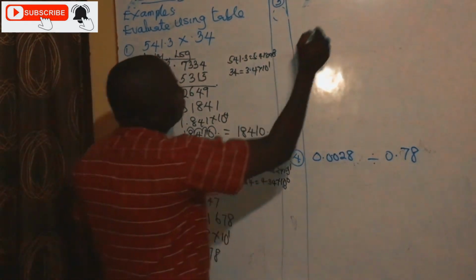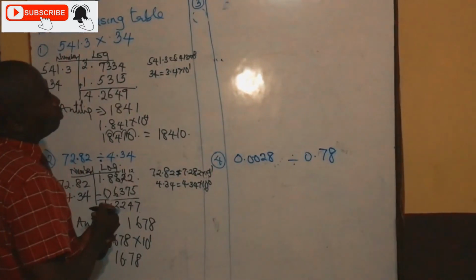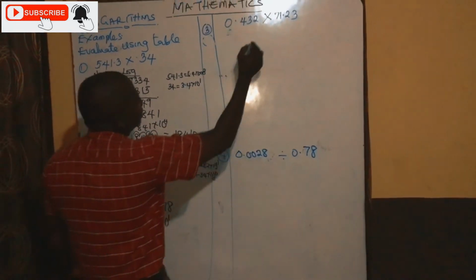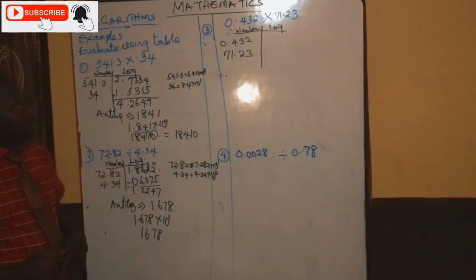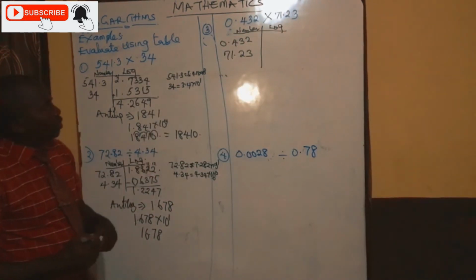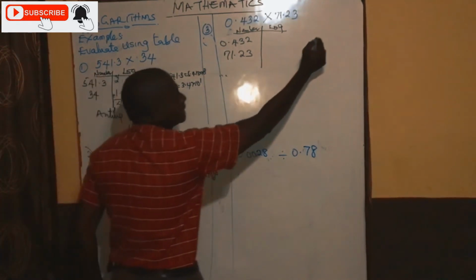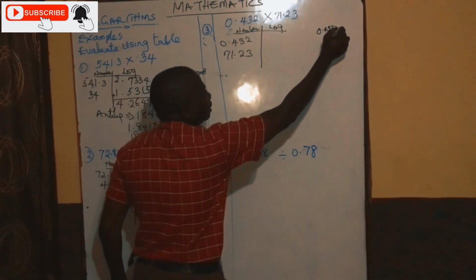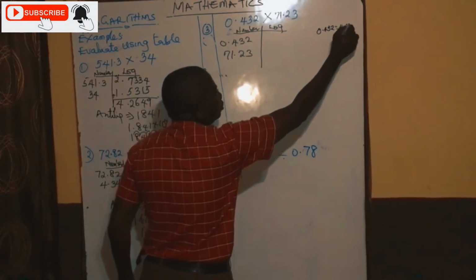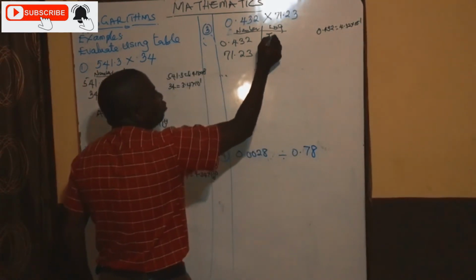Let us look at example 3. So when we have 0.432 times 71.23, what is the characteristic of 0.432 when it is written in standard form? 0.432 equals 4.32 times 10 raised to power minus 1. This will now be bar 1.